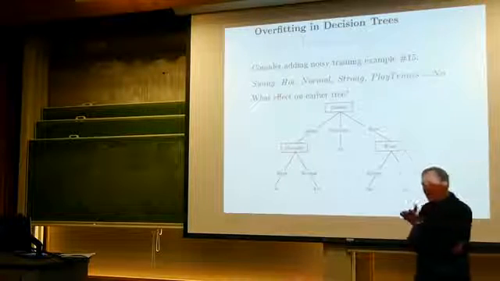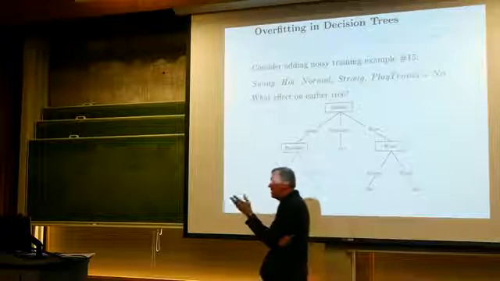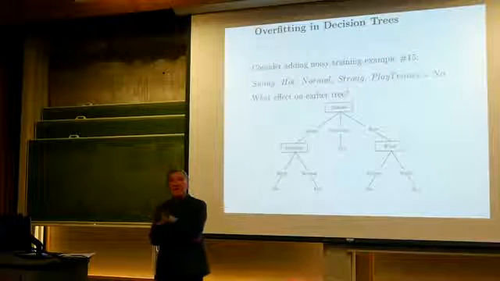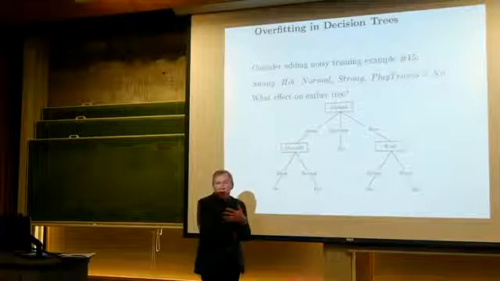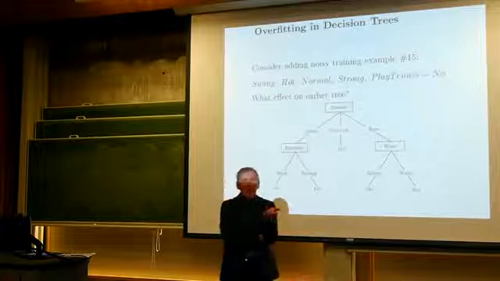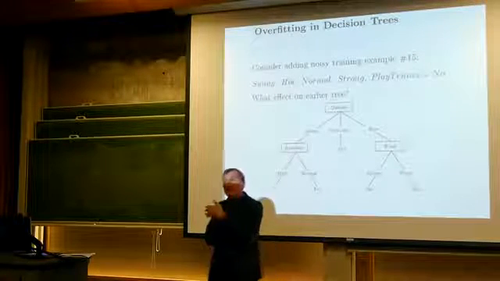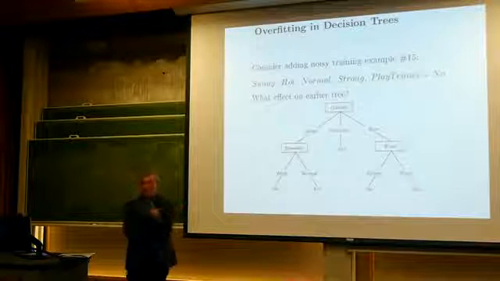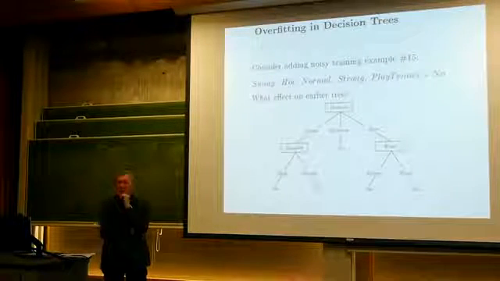That can happen for a number of reasons. One can be just statistical coincidences in the small sample of training examples that the algorithm happens to be given. Another way it can happen is if there's noise in the data. That can also exacerbate this tendency toward overfitting.